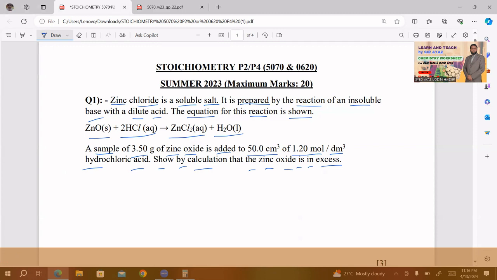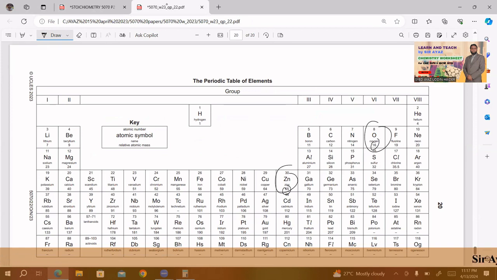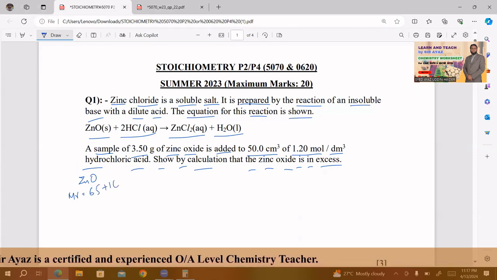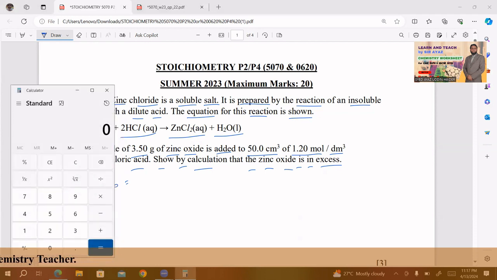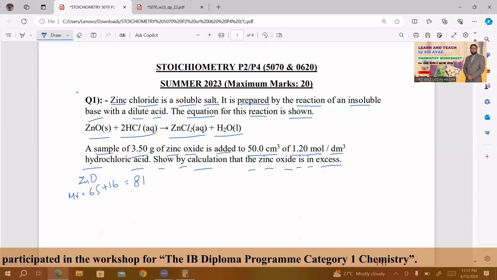So for zinc oxide, the formula is ZnO. Mr for zinc oxide will be, we have Zn. Where is Zn? Here is Zn, 65, it's Ar, oxygen, 16. So we'll add 65 plus 16. This will be the Mr of ZnO, 81.